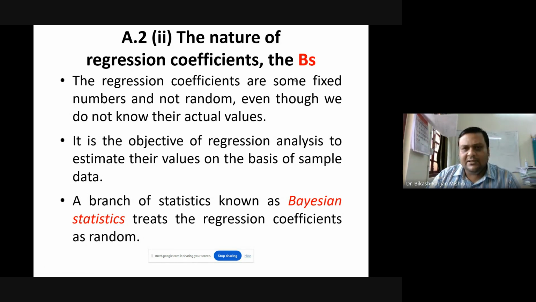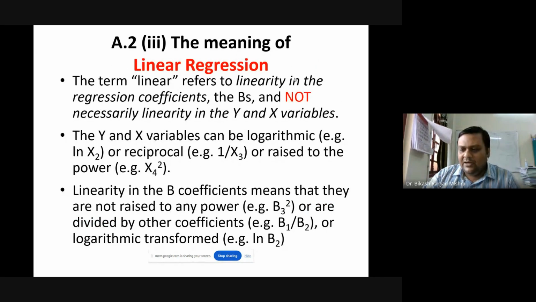On that basis, the third component arises, with respect to the linearity of the argument. Linearity does not necessarily mean the variables are linear in nature. The variables may have any type of nonlinear component, but the coefficients must be linear in nature.